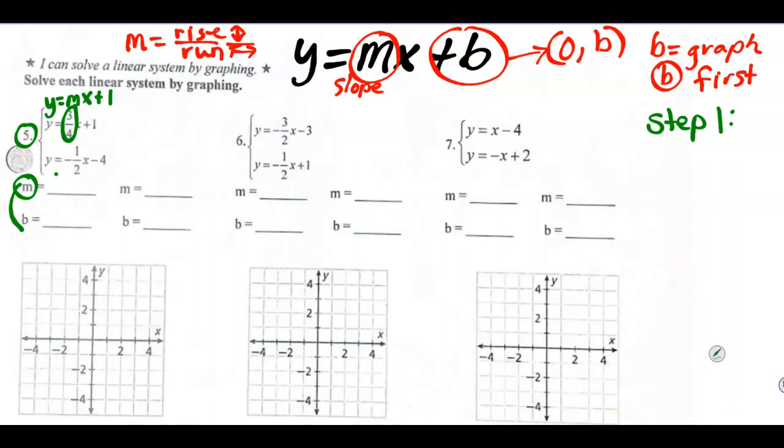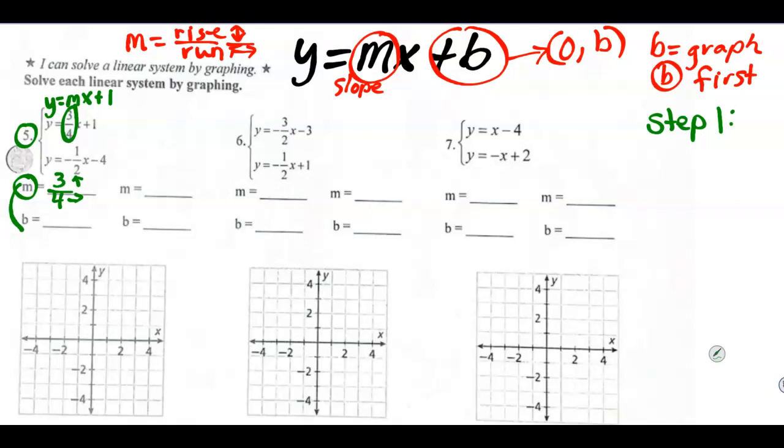That's my m, 3 over 4. Remember, we need the slope as a fraction because we're going to count rise over run. So the 3 tells me we're going up, because it's positive. The 4 tells me I'm going to go right, and that's because it's positive. That's how we look at a number line or a graph. When we go up on a graph, they're positive numbers. When we go to the right, they're positive numbers.